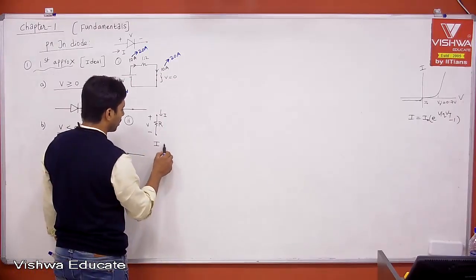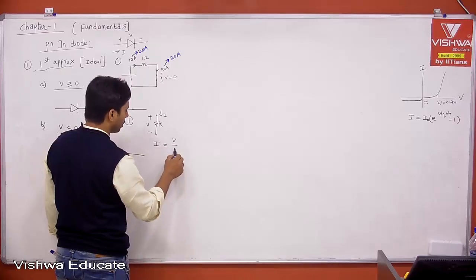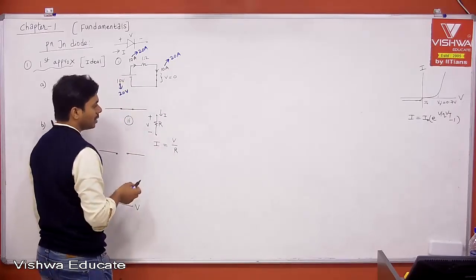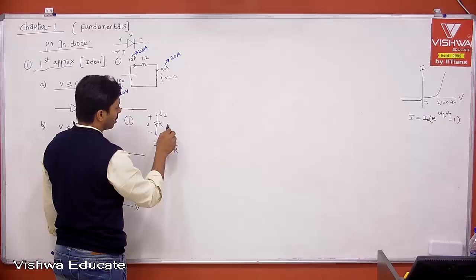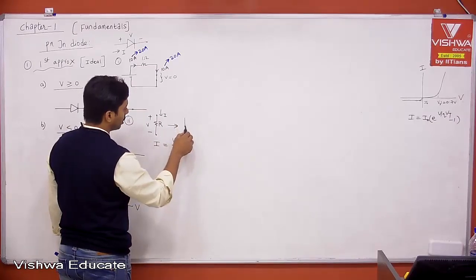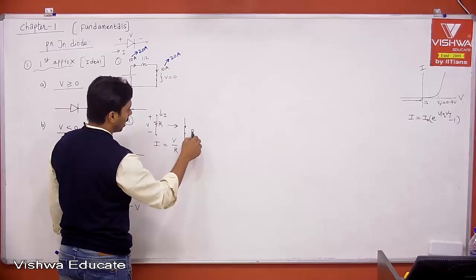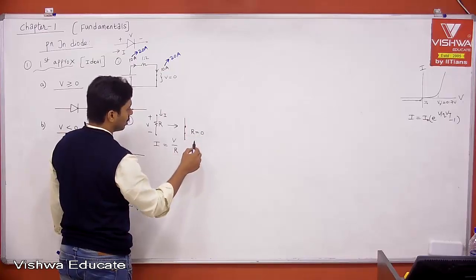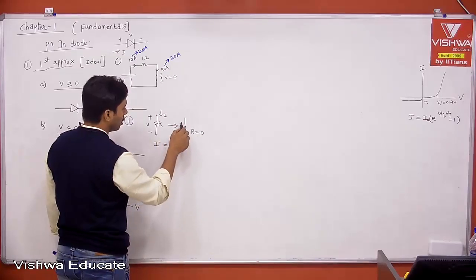According to Ohm's law, I is equal to V divided by R. Now if I say this is a short circuit, what is the meaning of it? When I say this is a short circuit, what is your resistance value? The resistance value is 0, and we know that for a short circuit, what is the voltage?